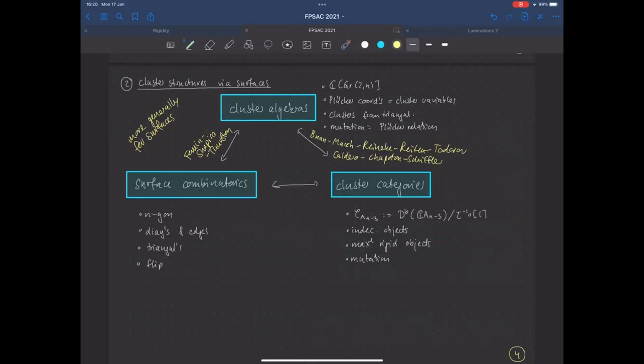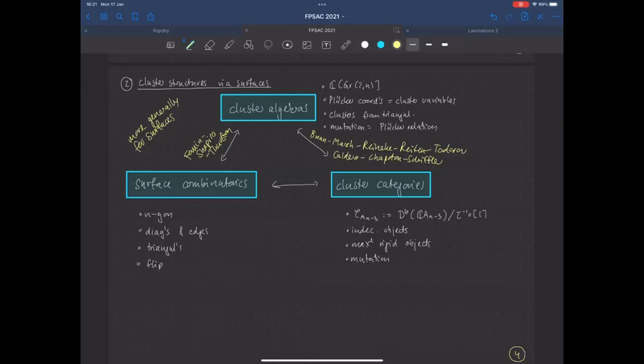Oh, Karin. Yes. There's a question that just appeared in the chat from Theo. Does the interpretation of cluster variables as lengths hold in some high generality? As like lambda length, or as length in diagonal.